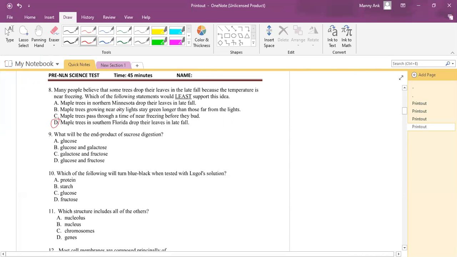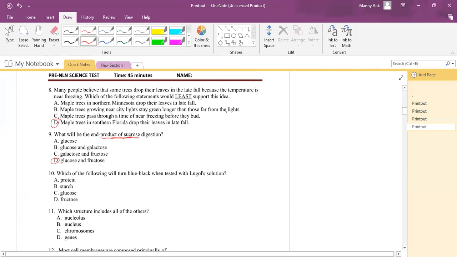And then number 9: what will be the end product of sucrose digestion? Keyword sucrose, end product. We are breaking down sucrose. Sucrose is made up of glucose and fructose.